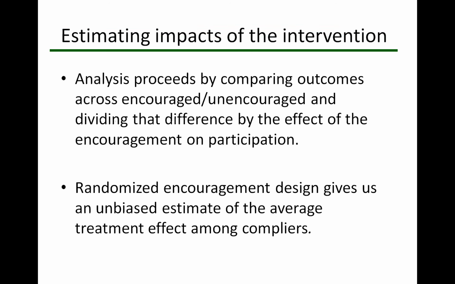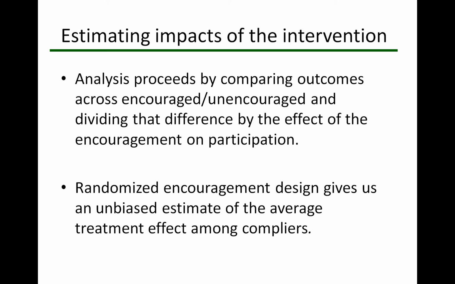So the analysis proceeds. I'm sweeping a lot of important details under the rug, and as I mentioned earlier, if folks are interested, I'd be happy to get into the weeds in terms of how this randomized encouragement design mechanically works. But basically, at the end of the day, you're going to compare outcomes, in our case, household energy consumption and expenditure, among our encouraged group and our non-encouraged group.